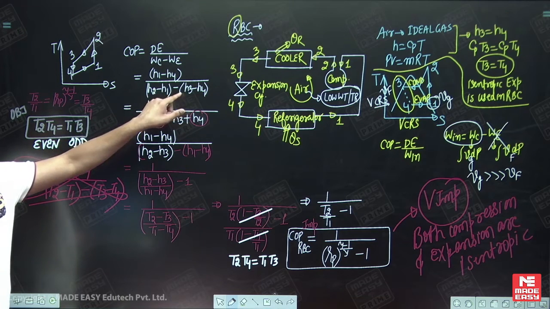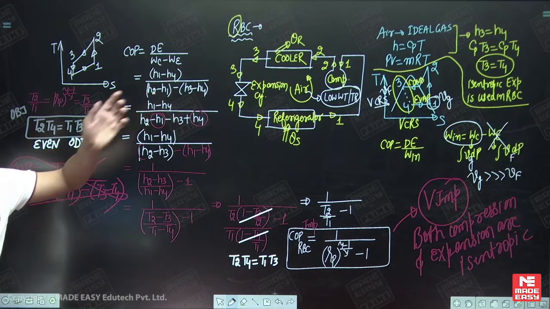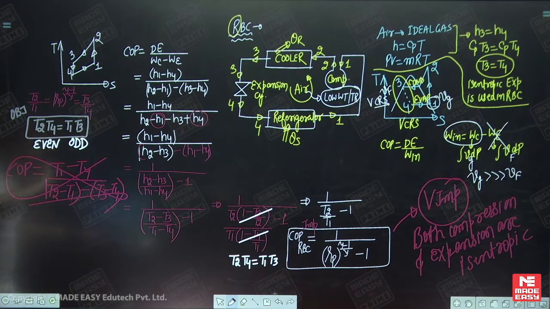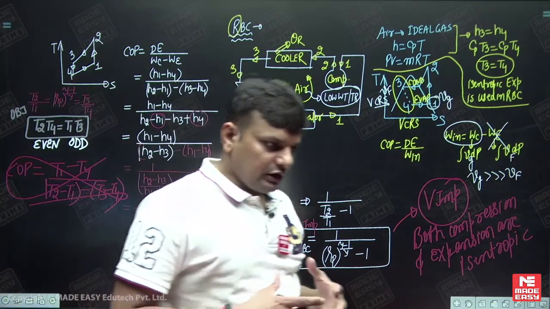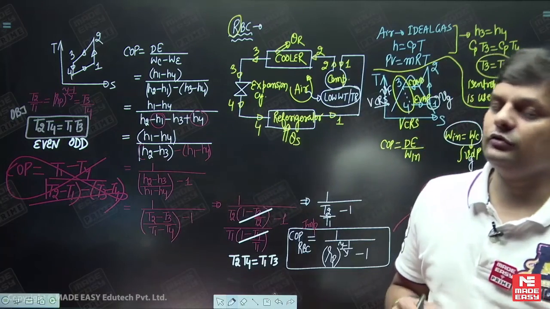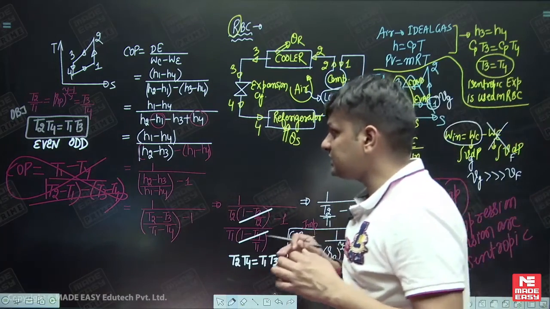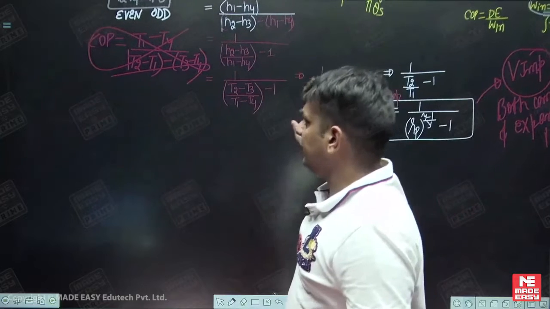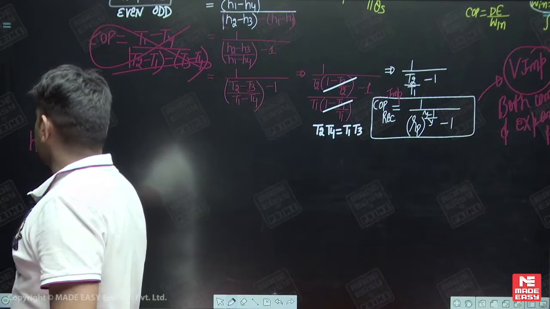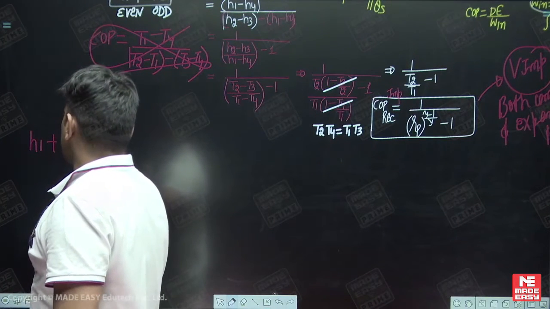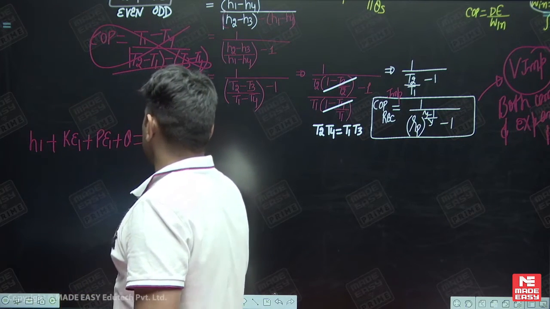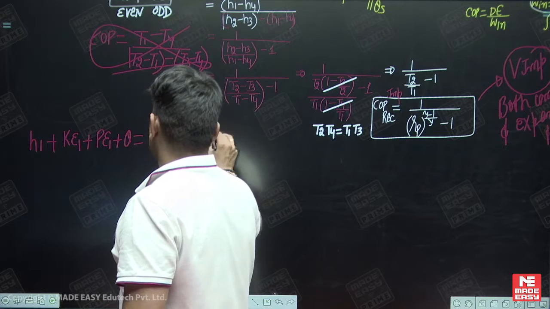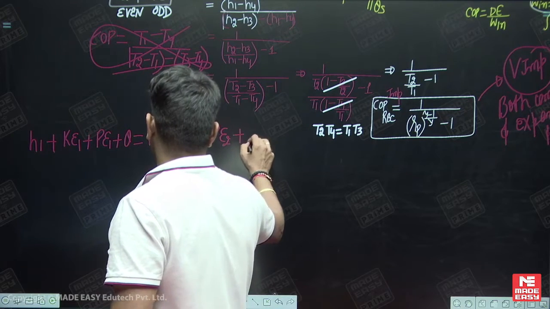See, because enthalpy is a function of temperature only for ideal gas, no doubt in that. But from where this expression is coming into picture? Because if you are in so hurry, definitely you will find out the answer by using this concept. But my dear friend, you have to remember the basic also. Thermodynamics, H1 plus kinetic plus potential plus heat is equal to H2 plus kinetic plus potential plus work.